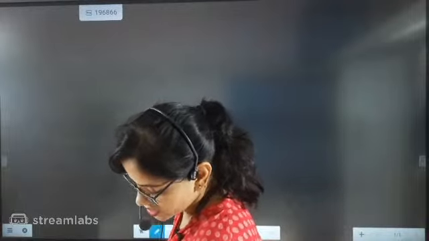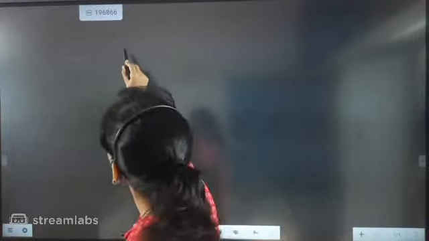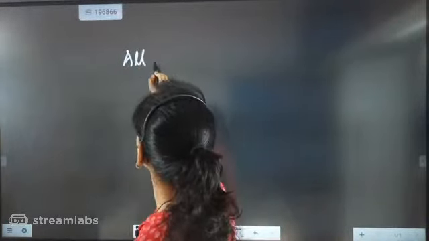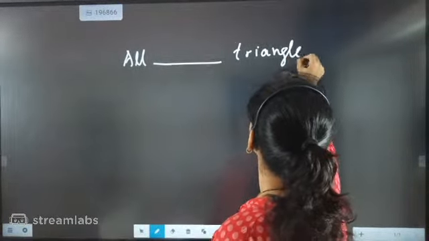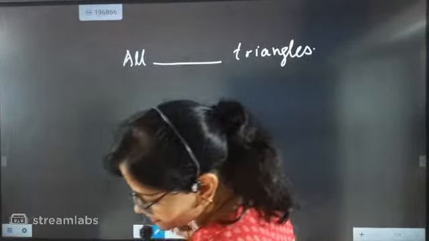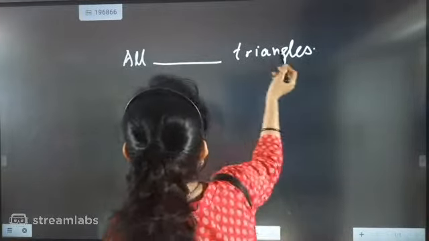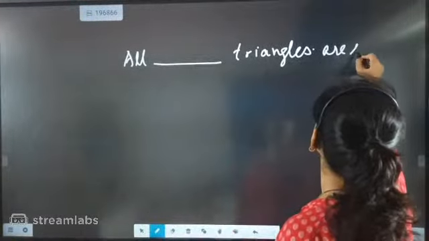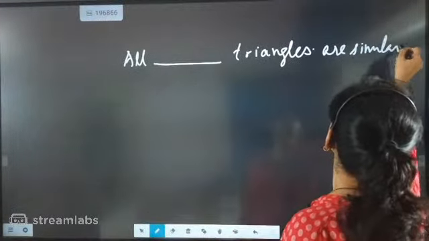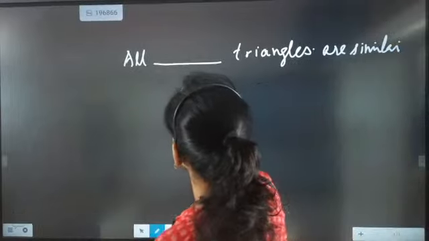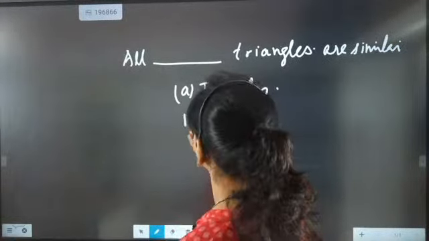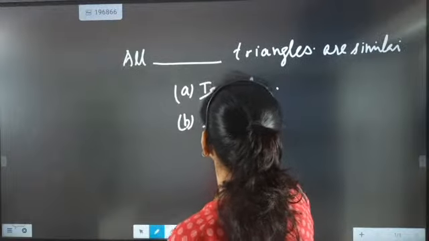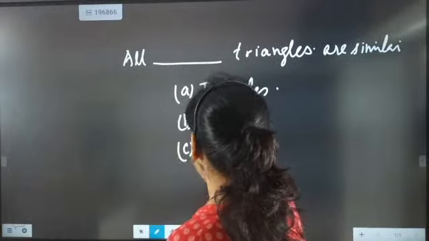Now the next question is: all dash triangles are similar. Your options are isosceles, scalene, equilateral.